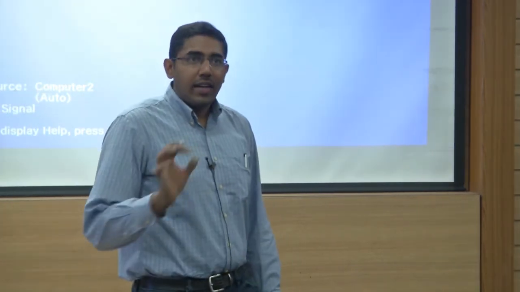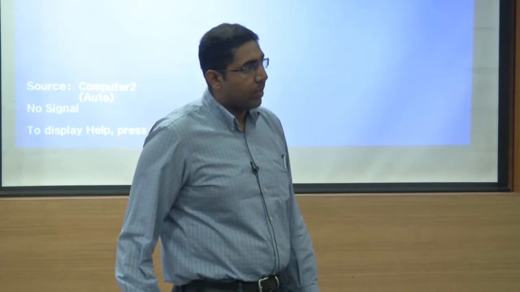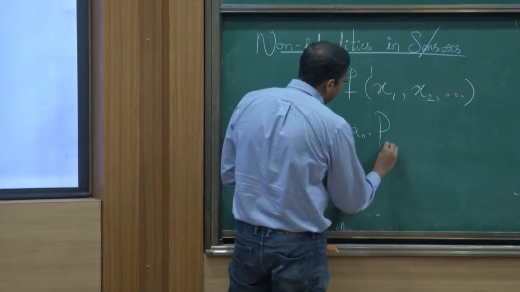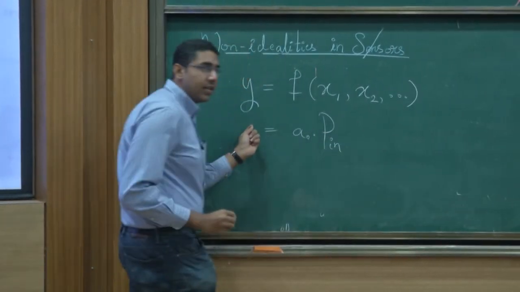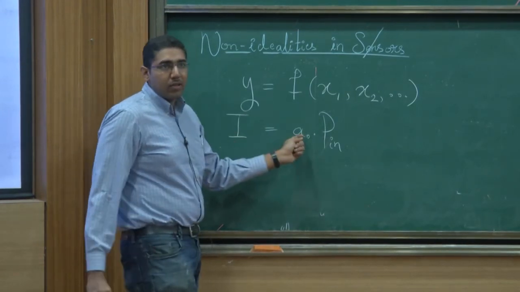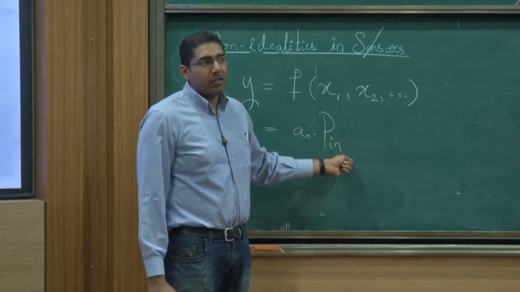Yeah, so a gas sensor again, right? Or let's say even a photodiode, right? We said the output is some sensitivity times the optical power input, right? So the current of the photodiode is some constant, which is let's say 0.5 ampere per watt, times optical power input.